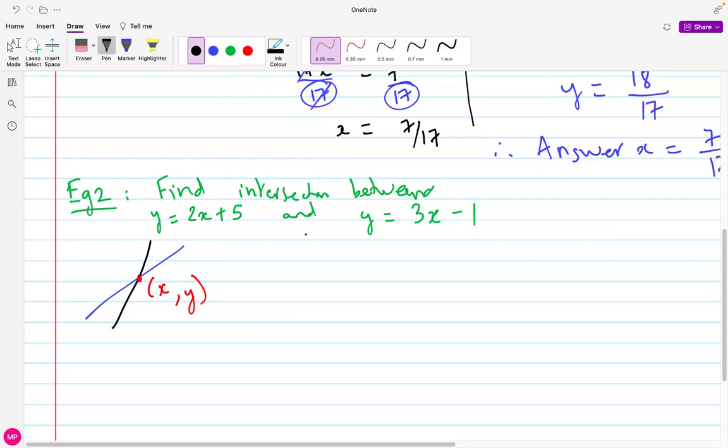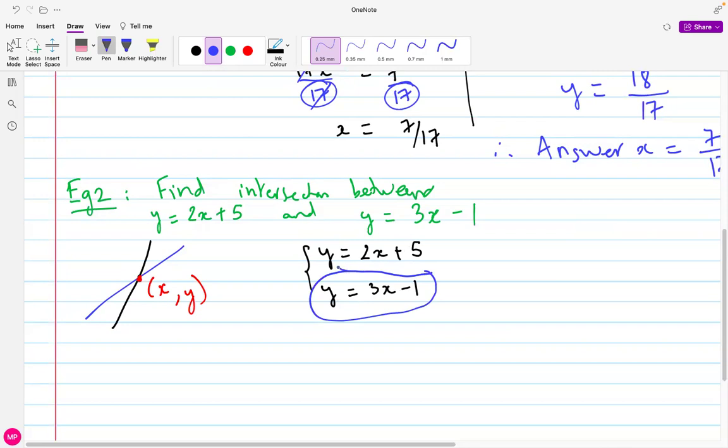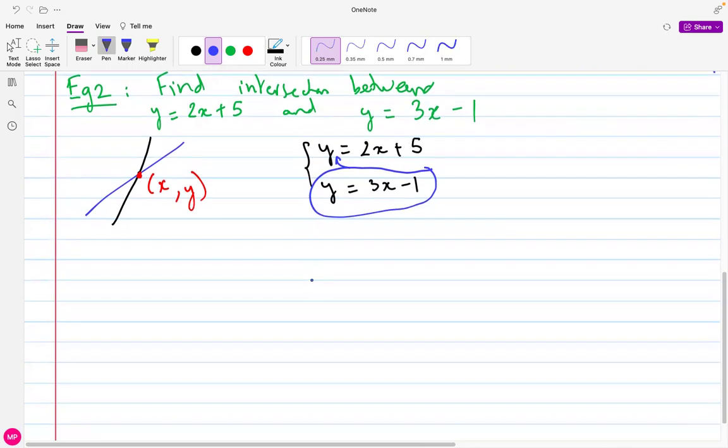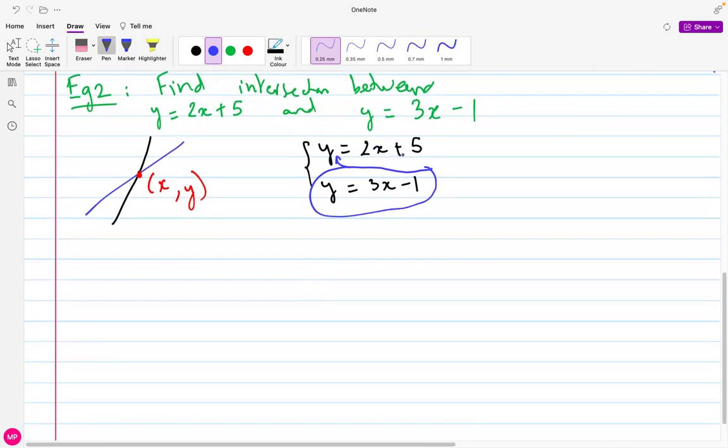I can write them together as y equals 2x plus 5, and y equals 3x minus 1. What you can see here is y equals this and also y equals this. So this is basically another way to think of the substitution method. If you substitute y equals this into the letter y of the first equation, you can let that equal 2x plus 5.